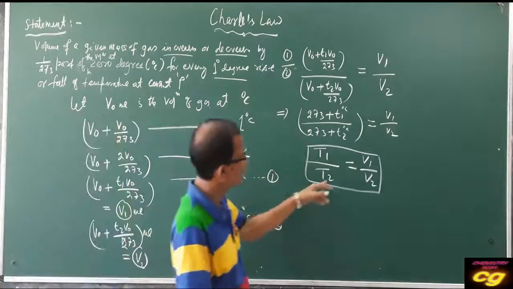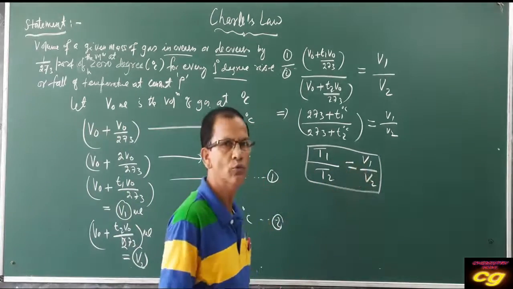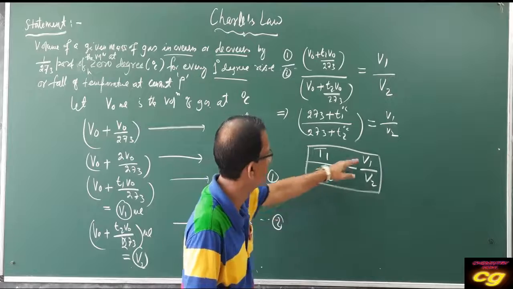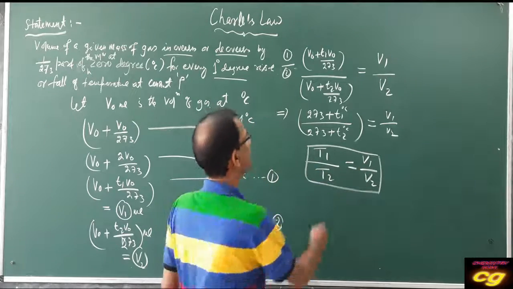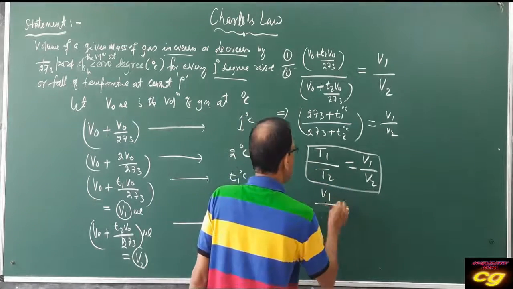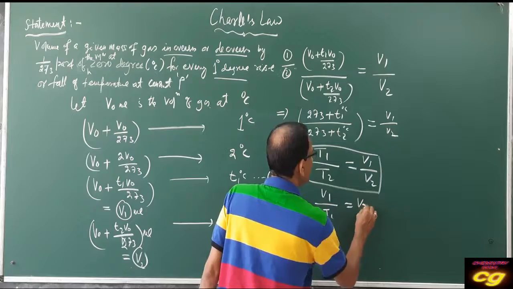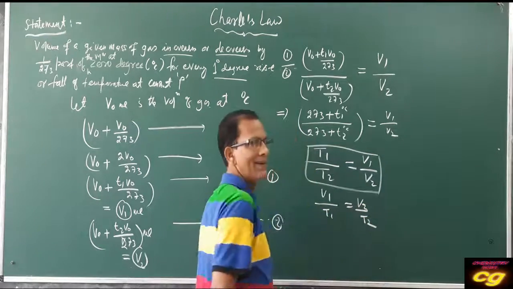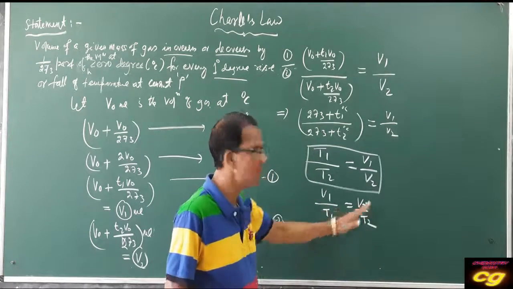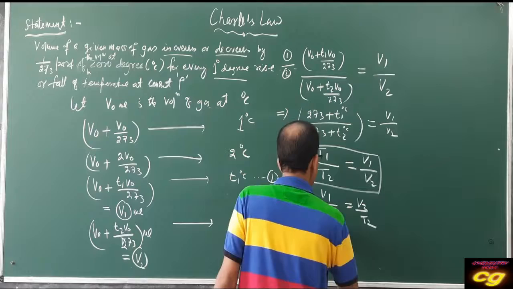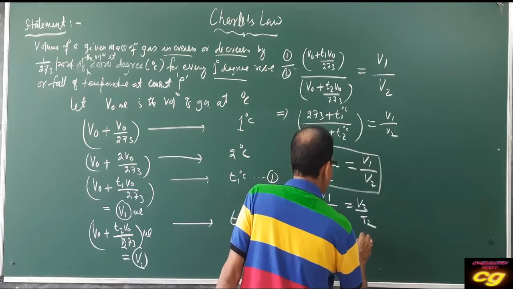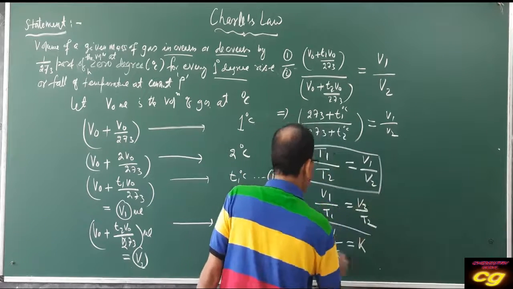So now you are getting T1 by T2 equal to V1 by V2. If you arrange this, V1 by T1 is equal to V2 by T2. That means V by T is a constant. What does it mean? V by T is a constant, that is K.